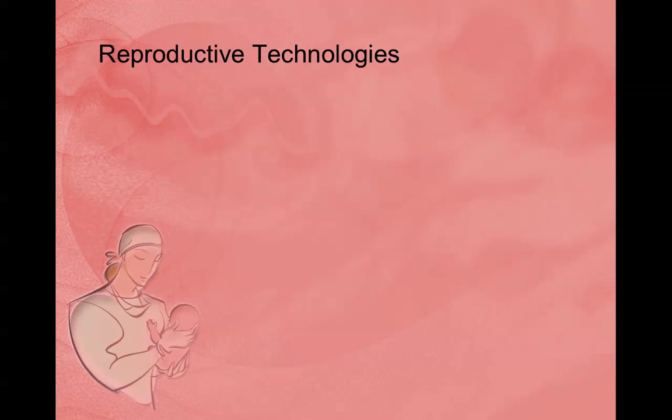Technology currently provides a number of alternatives to natural reproduction. Some of these techniques raise questions and concerns about their benefits and costs, as whether or not they are always ethical.